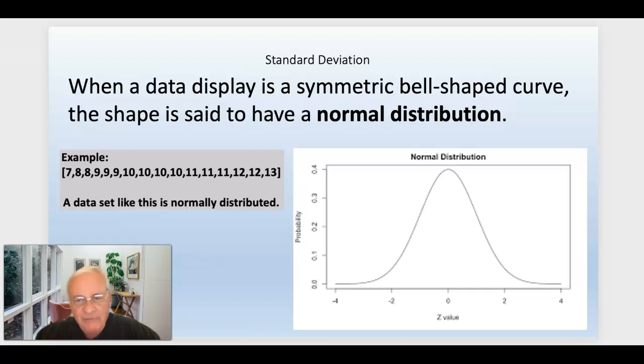We created a kind of normal symmetric distribution, a set of data that looks something like this, where there's 1 seven and 1 thirteen. But here there's 2 twelves and 2 eights, and 3 nines and 3 elevens, and then 4 tens in the middle. That would be a bell-shaped curve.